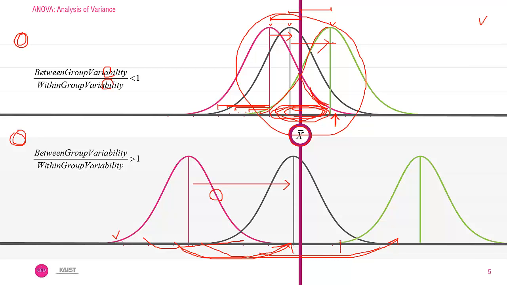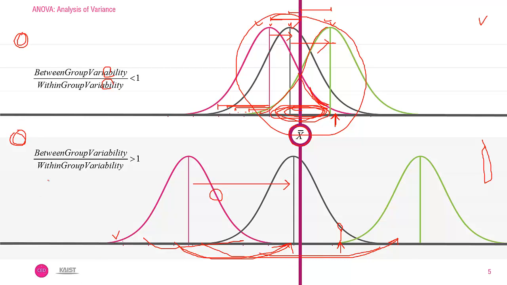However, here it is very obvious that when we know the score, then we know the membership of this score in the distribution. But here, because a lot of the data of 3 data sets are overlapped, the distinction between the data sets is not clear yet. But here it is pretty much clear.